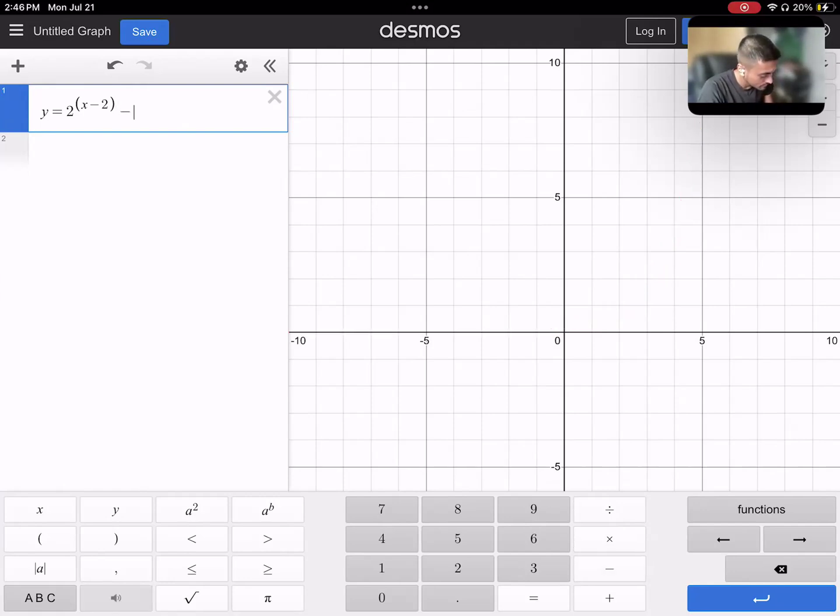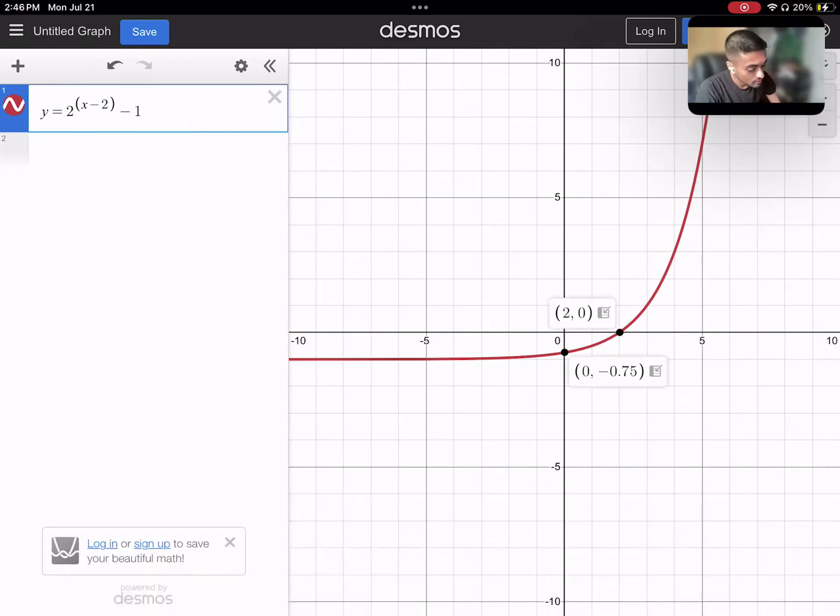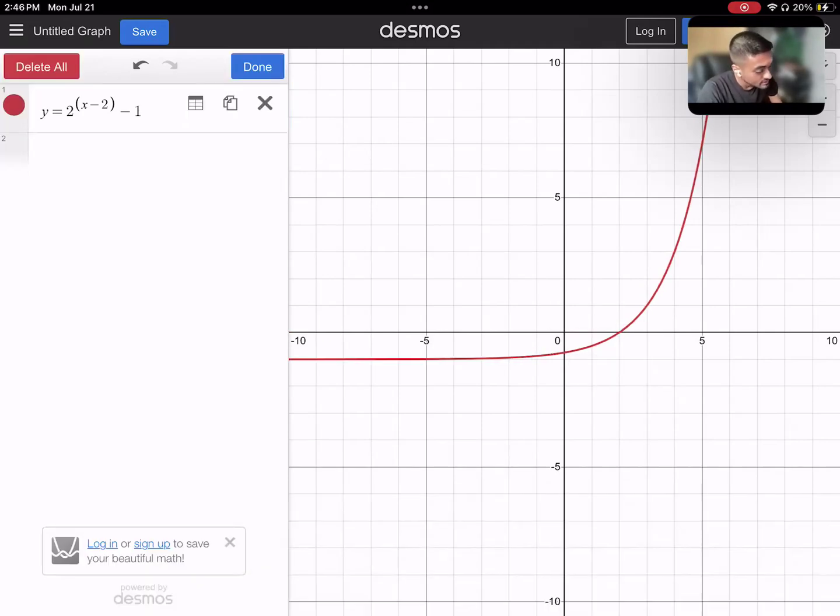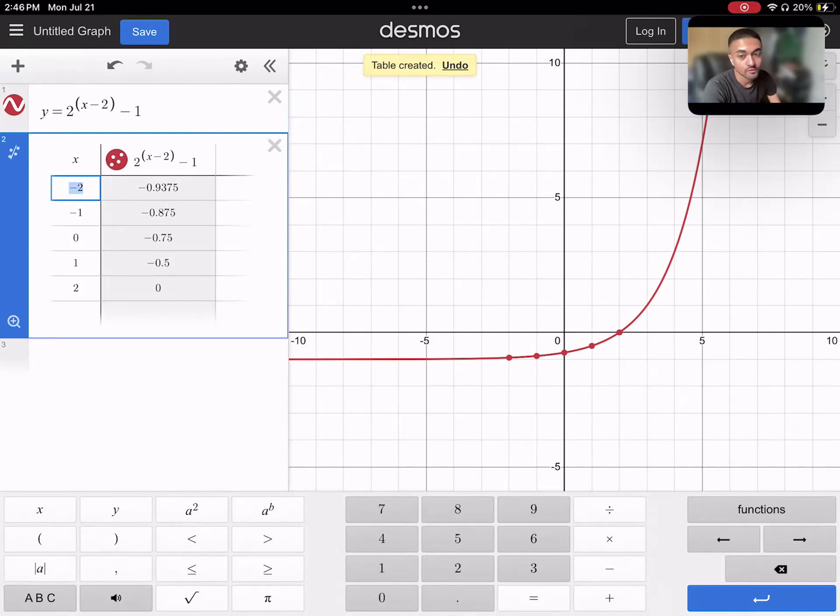Minus 1. Okay. You get some points. Press the gear and make a table. You get even more points. So let's graph our points.